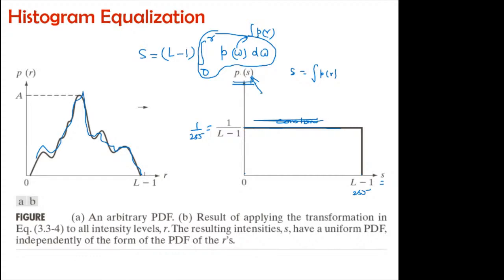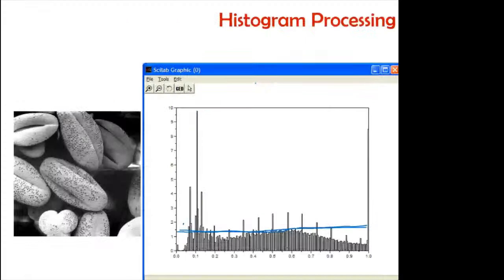You have seen the histogram of a well contrasted image. Here this was constant. This probability density function is constant.